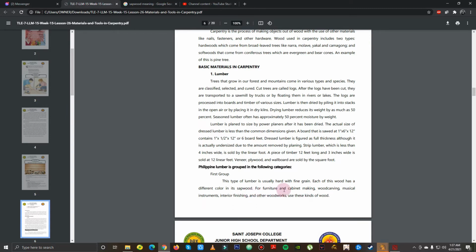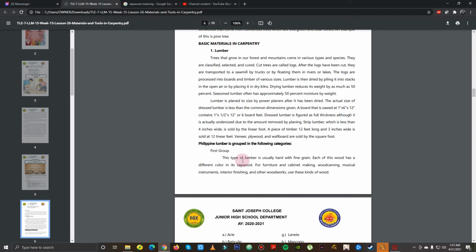For furniture and cabinet making, wood carving, musical instruments, interior finishing, and other woodworks, use this kind of wood. Okay, the first group looks nice for making furniture, cabinets, wood carving, musical instruments like a guitar or a piano, interior finishing, and other woodworks.